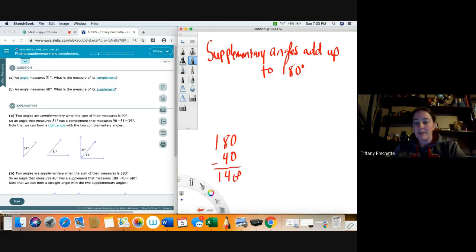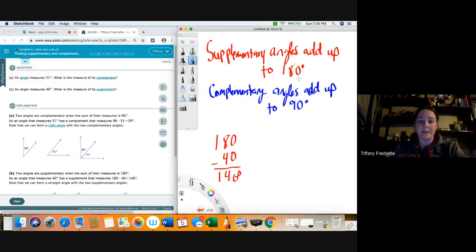Then we have complement. So complementary angles add up to 90 degrees. Supplementary add up to 180 degrees. Complementary angles add up to 90 degrees. So for part A there, it says an angle measures 51. What is the measure of its complement?